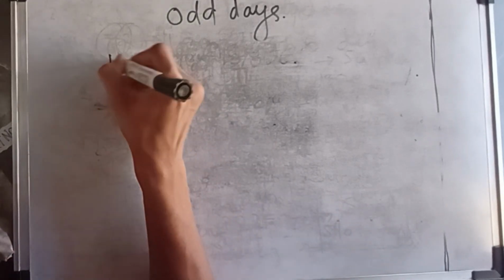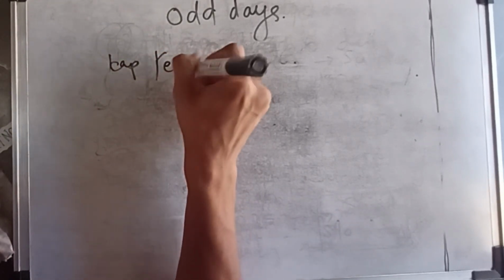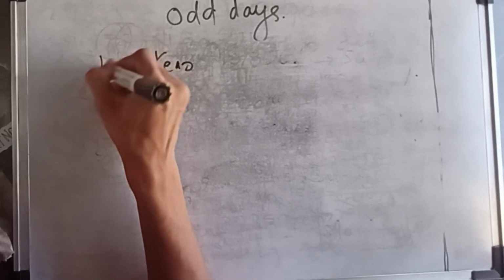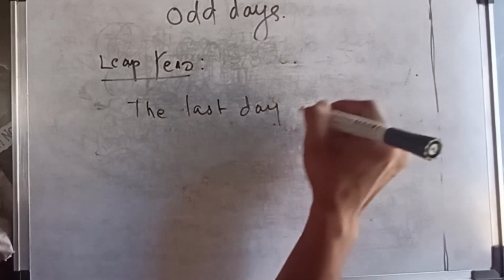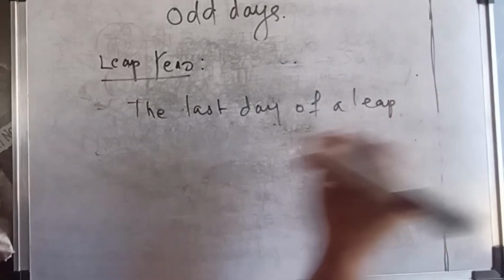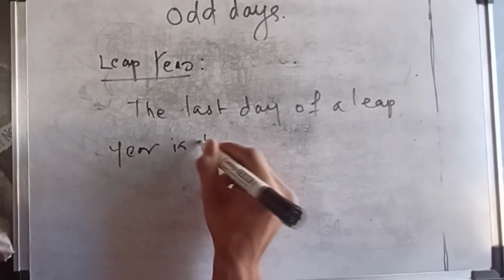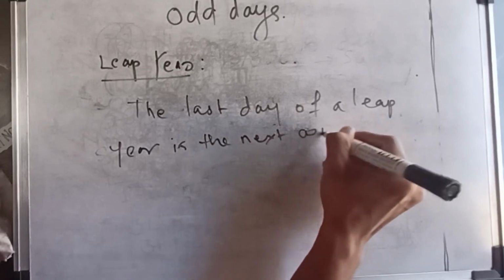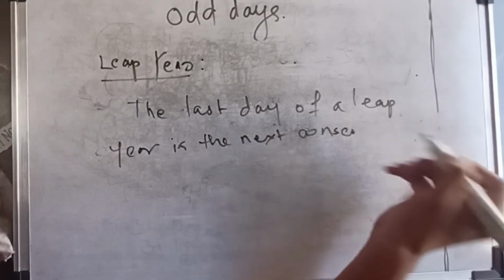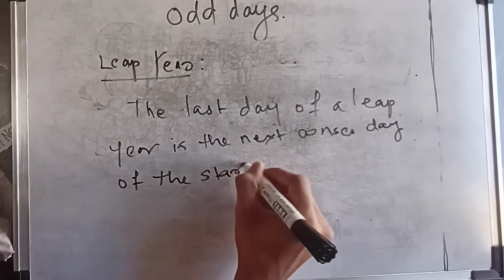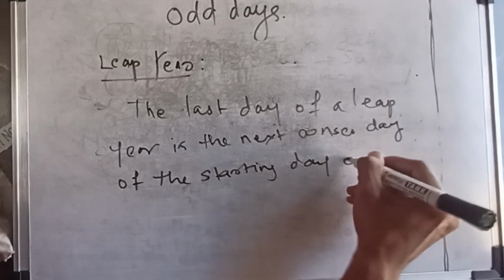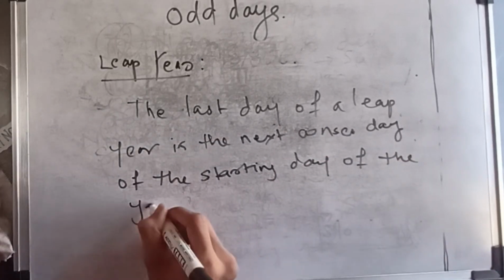So now we will formulate the rule for leap year. The rule is: the last day of a leap year is the next consecutive day of the starting day of the year.